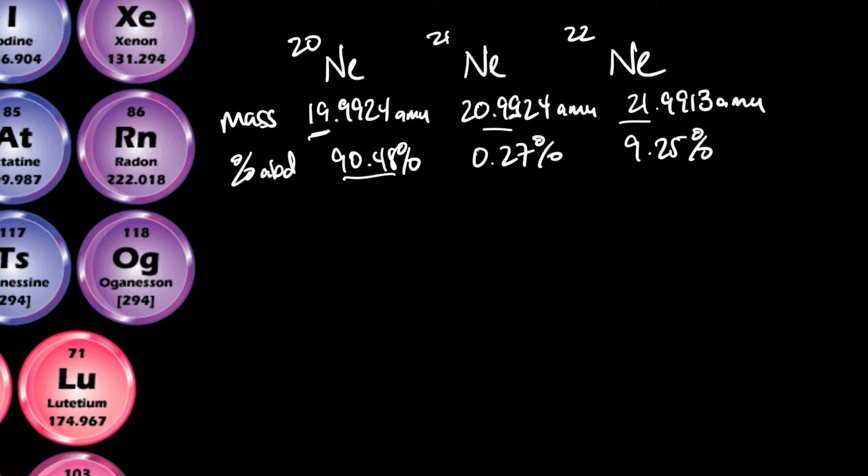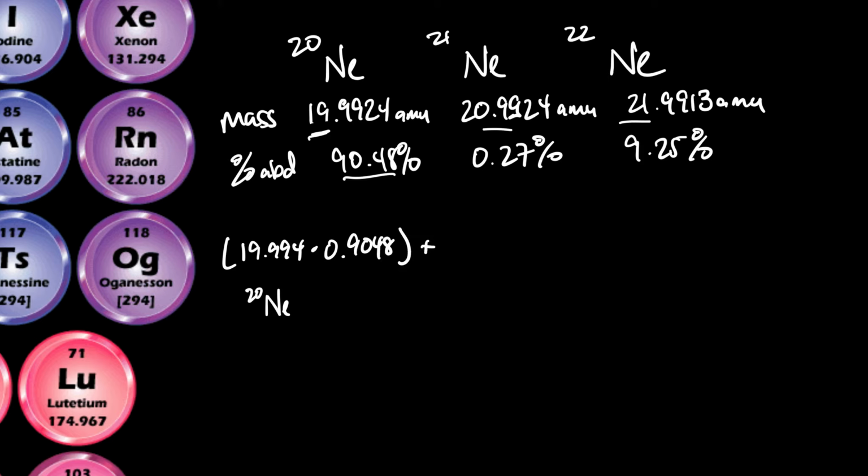So for neon 20, we will take its mass, 19.9924, multiplied by the decimal of the abundance, so it's 0.9048.